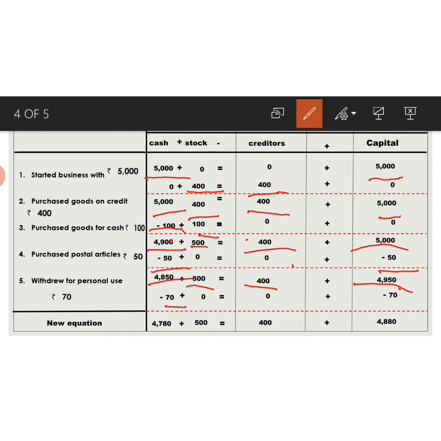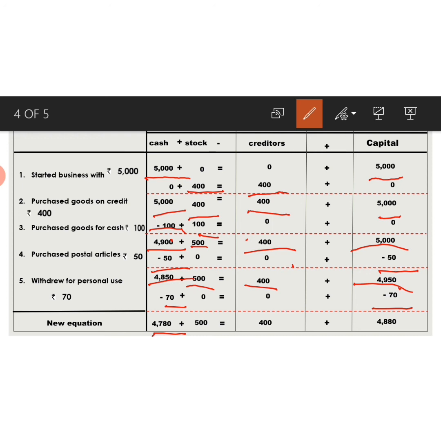And since the proprietor has withdrawn cash for his personal use, his capital should also be deducted by rupees 70. Since it is a drawing, it should be deducted from the capital. And 4,850 minus 70 is 4,780.